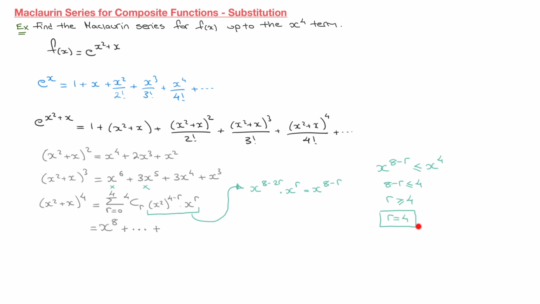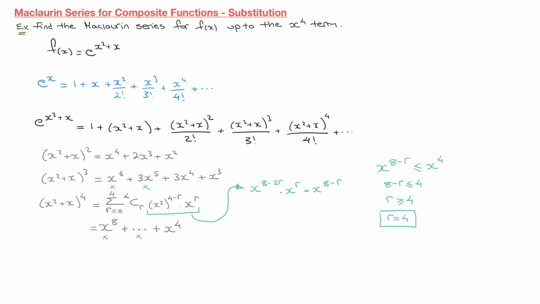That's the case when r equals 4, which would be the very last term in the expansion of x squared plus x raised to the power of 4. And as I'm sure you know, the very last term in this expansion would just be x to the power of 4. So after those 3 dots, I write plus x to the power of 4. There we go. And I'll put a little x underneath this x to the power of 8, as well as under these 3 dots, since I won't be including any of those terms.